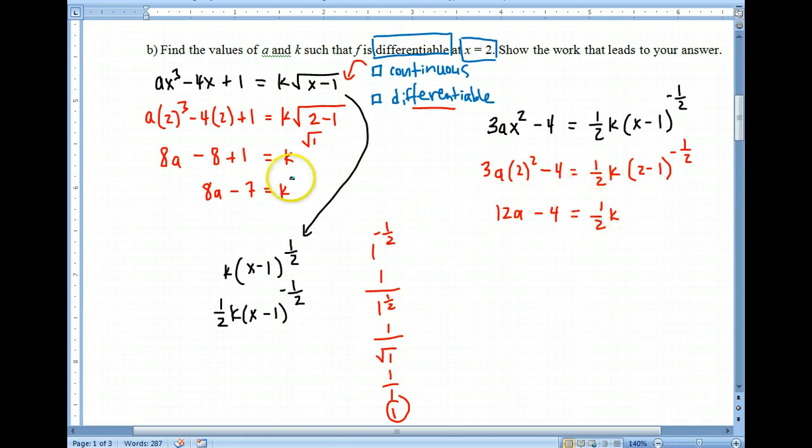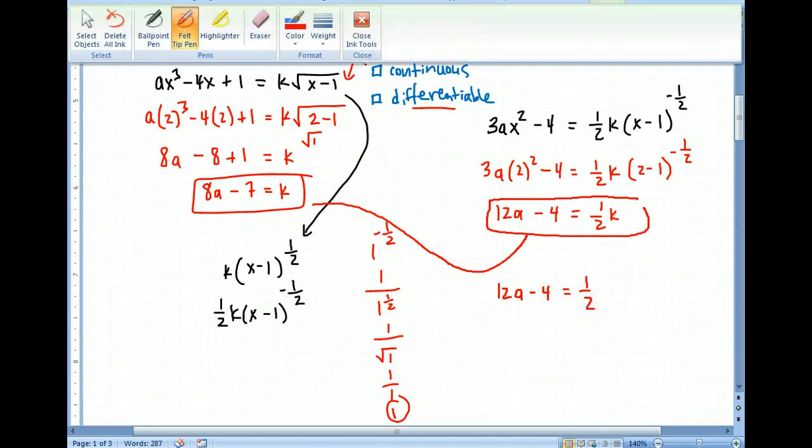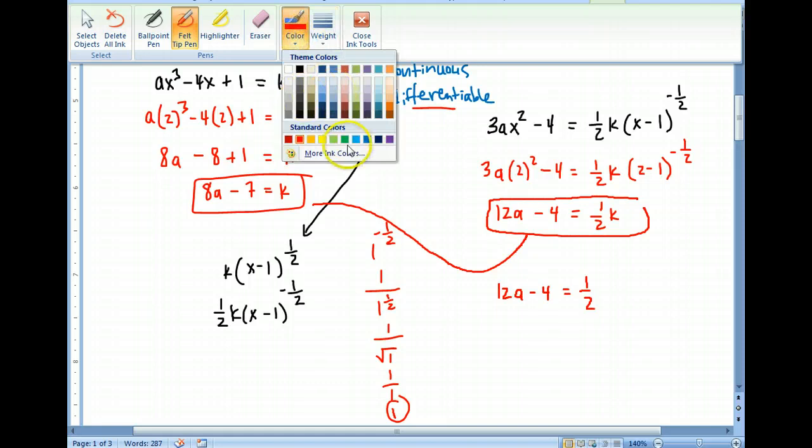I have 2 variables, but now I have 2 equations in 2 variables. So I'm going to put these together, solve a system of equations. So you just plug the value of k into this equation? Correct. So I'm going to get 12a minus 4 equals 1/2. Then I'm going to plug in k from the other thing.